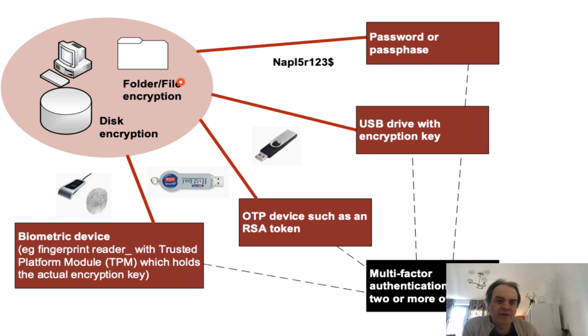We can have a USB drive that contains the encryption key, so that when we mount it, the encryption key is loaded. We can have one-time password systems that we can look at the ID or the one-time password and then feed that into our computer and open up the drives. Or we can have biometric devices where we can integrate fingerprint readers and things like that.